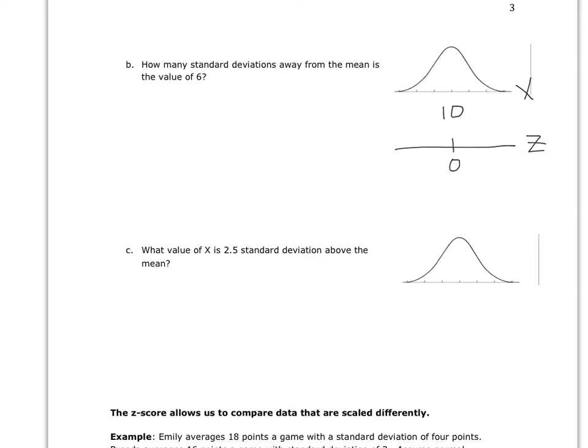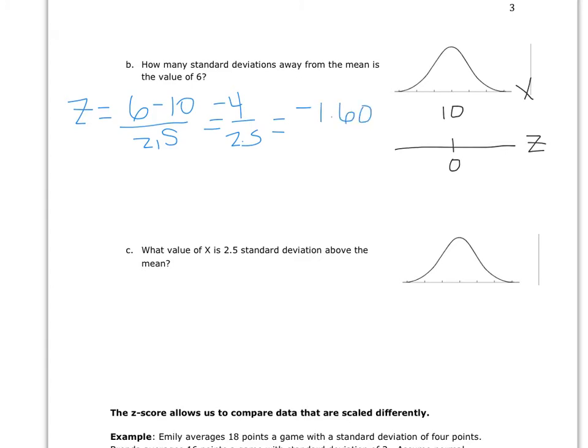First thing, we calculate that z-score, that z-value. Take 6 minus 10 divided by 2.5. Okay, negative 4 divided by 2.5. That gives us a z-value of negative 1.60.